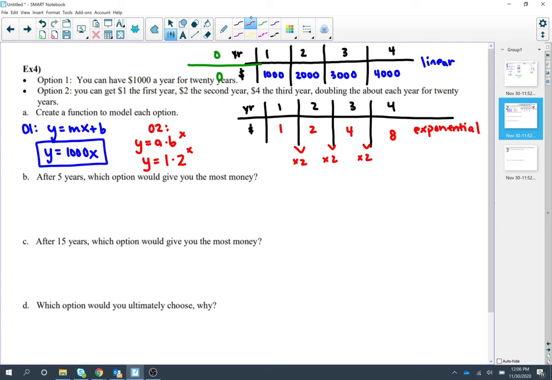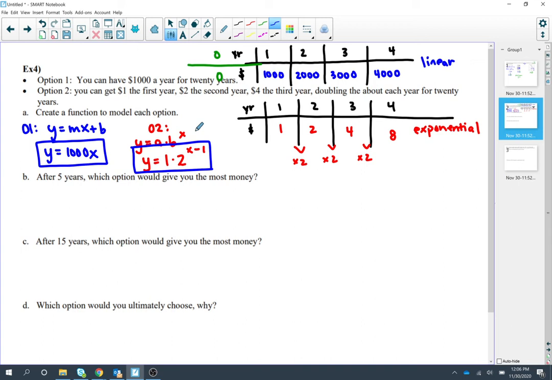So really what we're going to do here is take that x power and subtract 1 and then see what happens. So now if I substitute in 2, 2 minus 1 is 1. 2 to the 1 is 2 times 1 is 2. This is your equation that's going to represent option 2.